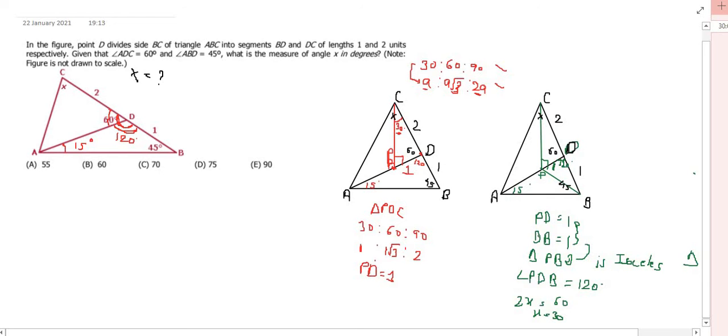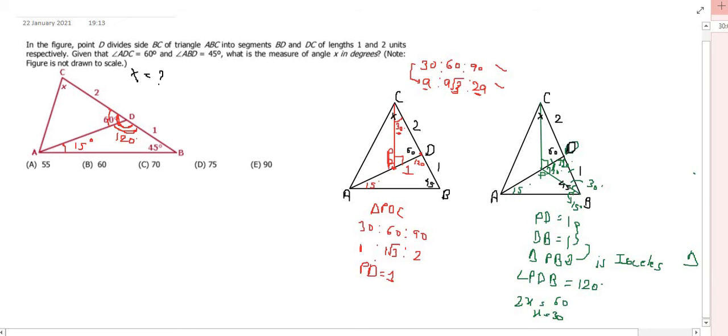So each of these angles is going to be 30 degrees, because these two are equal. So this angle is going to be 30 degrees here, and this entire angle is 45, that means this remaining angle is going to be 15 degrees. Similarly this angle is also 30 degrees.